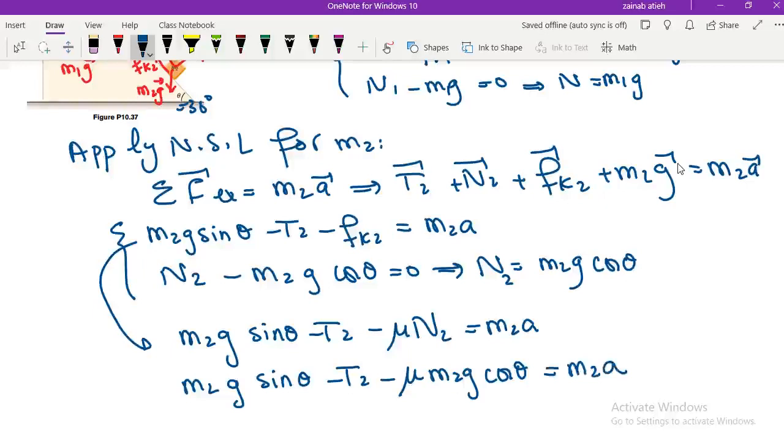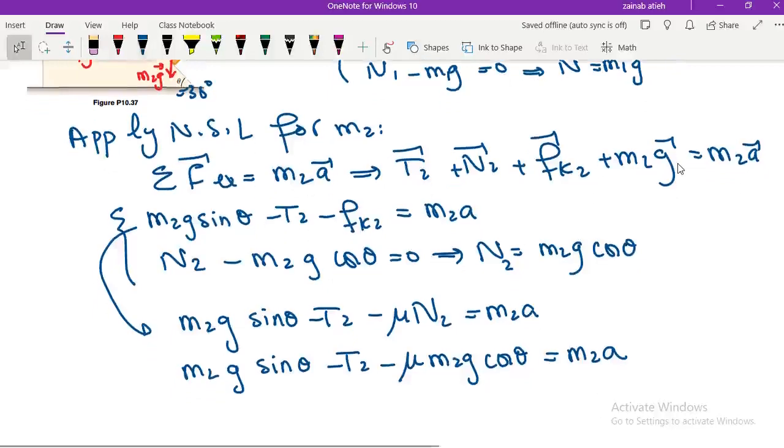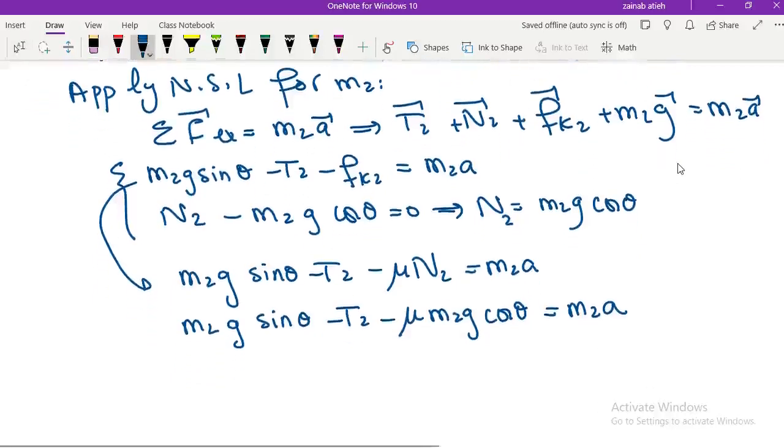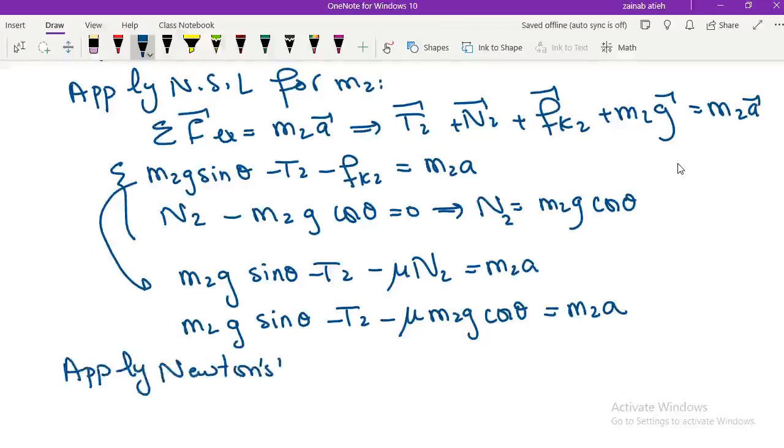Okay, I still need one more equation so that I can find the 3 unknowns. I will apply Newton's second law of rotation for the pulley. So let's apply Newton's second law of rotation for the pulley.